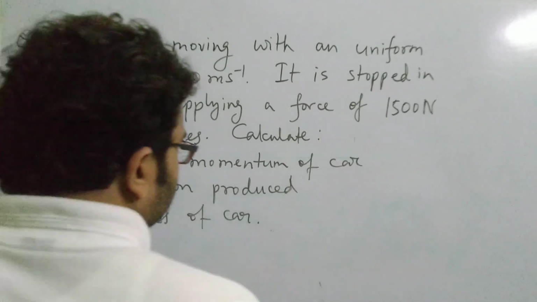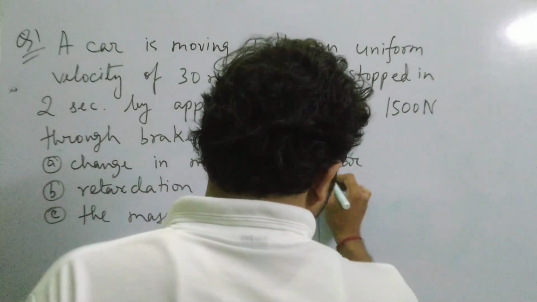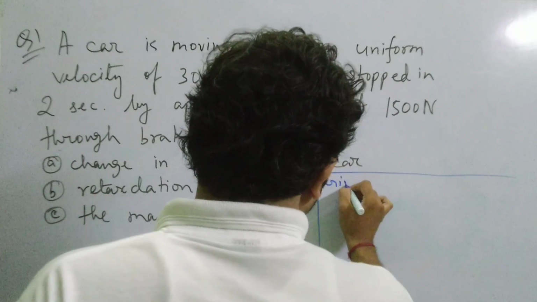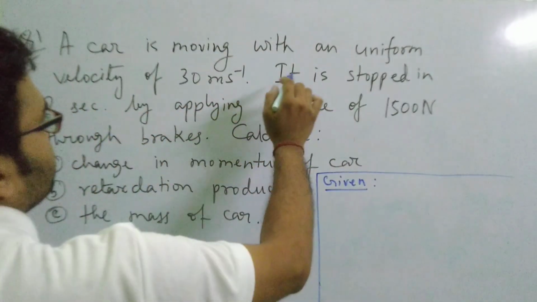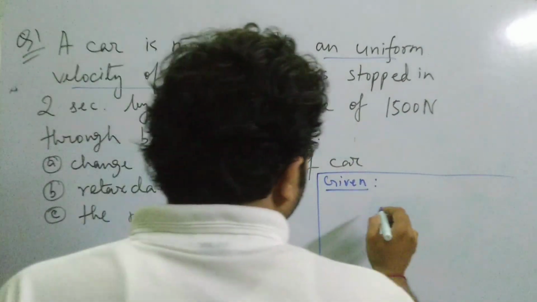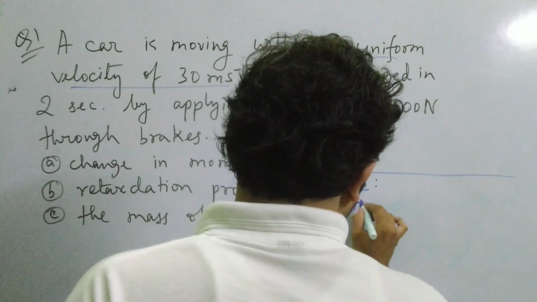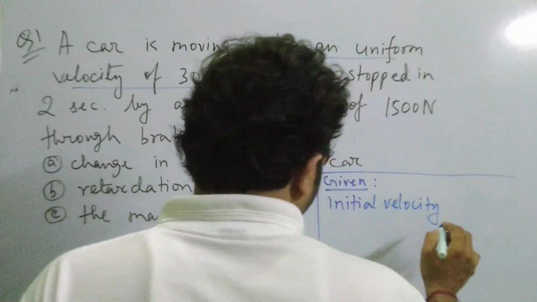Okay. The given information says that the car is initially moving with a uniform velocity. This velocity is basically the initial velocity, denoted by the letter u.